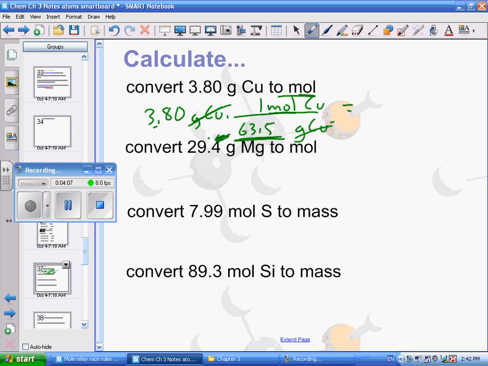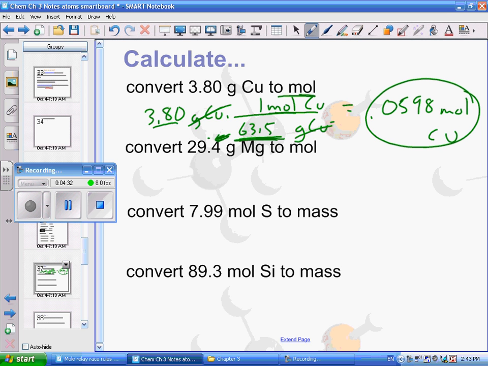You have 3.8 here divided by 63.5. Let me just get that on my calculator. 3.8 divided by 63.5. You end up with 0.0598 moles of copper. Okay?